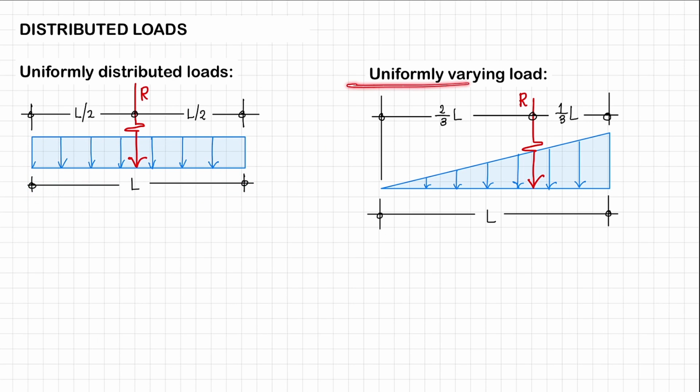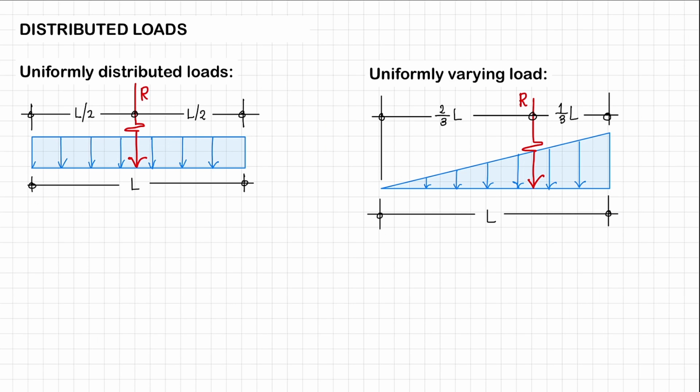And a uniformly varying load means that the rate of decrease of your loading is the same throughout the surface area of, let's say, a beam or any type of structural element that you are trying to analyze.